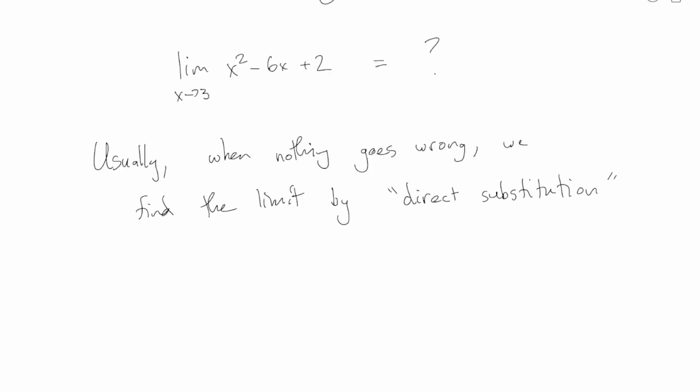What that means is, I will just say, just plug in the value. What I mean by that is, in this example, I want to know what this function approaches when x becomes 3? You just plug in 3 to the function. And I said, when nothing goes wrong, that really is the answer to the limit.